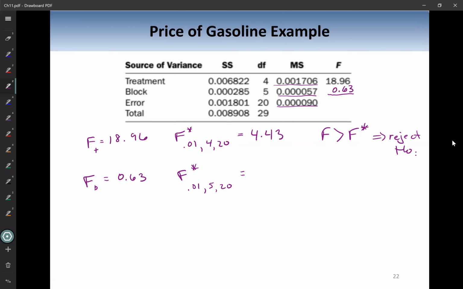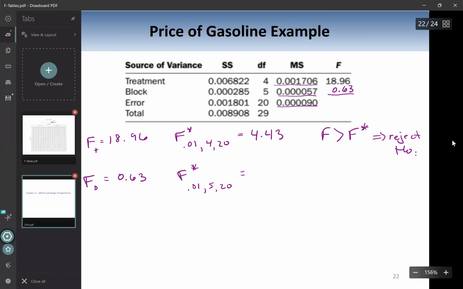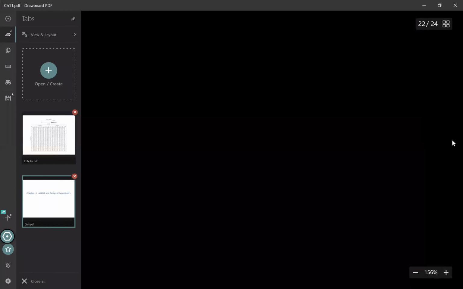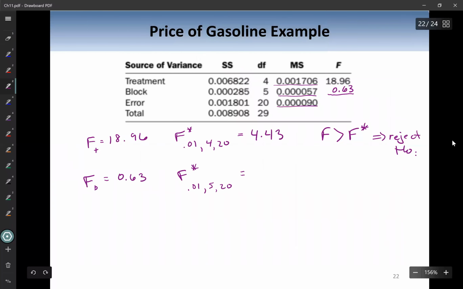Let's check out the brands as well. So we want to go back to the F distribution table. This time we want to look at column 5 degrees of freedom with 20, 4.10. In this case, the brands, that was going to equal 4.10.